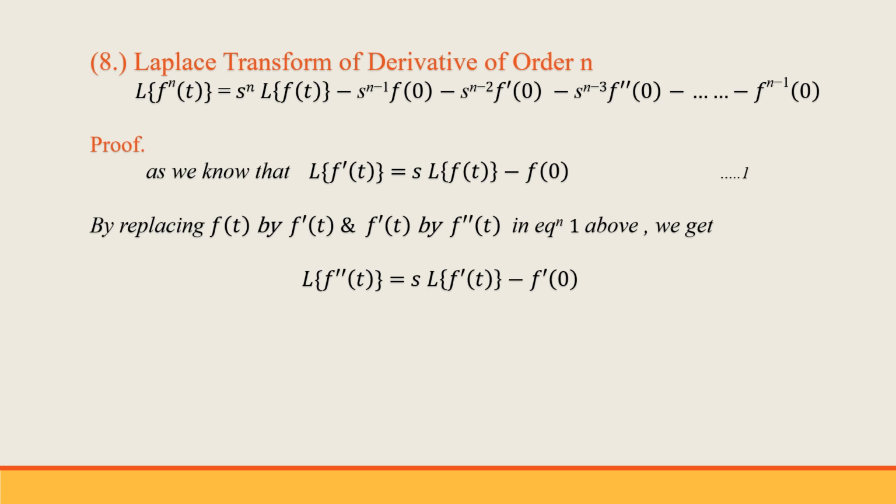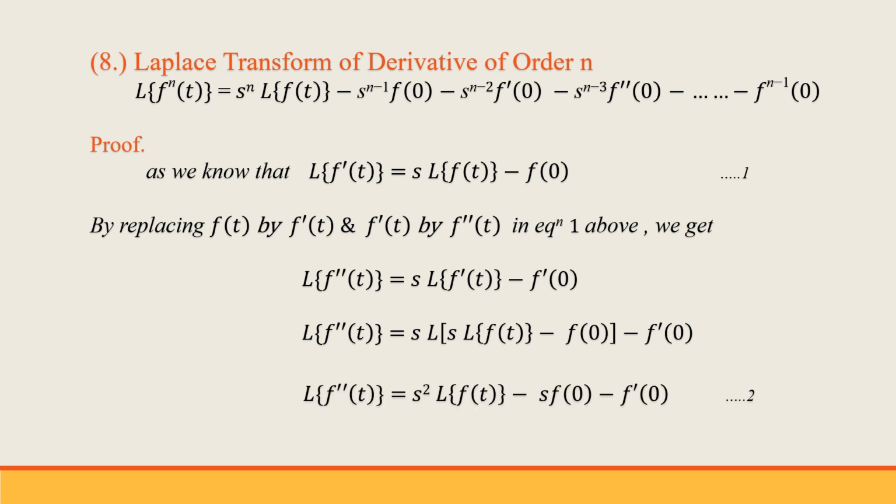Now put the value of the Laplace transform of f'(t) from the first equation above, and by solving it we can write the Laplace transform of f''(t) as s square into Laplace transform of f(t) minus s into f(0) minus f'(0).